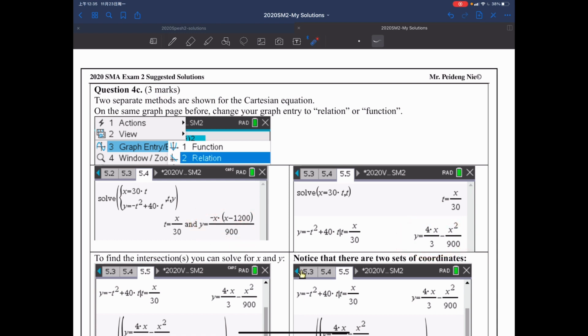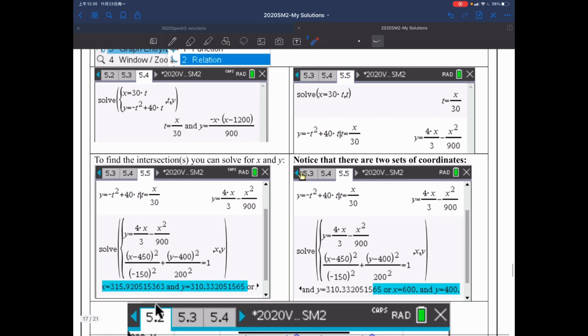But how could we further find our intersections? We just put this and the Cartesian equation of the plane together for x and y. There are actually two sets of solutions. So you want to round this value and this value to the nearest integers, which is 316.